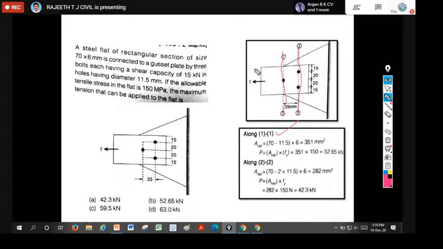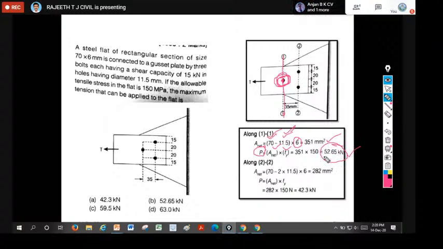The net area out of 70: A net will be equal to 70 minus 11.5, the diameter of the bolt hole, multiplied by 6. You get the net area. If you multiply this net area by the stress, you get the load carrying capacity at this section, which is 52.65 kilonewton.